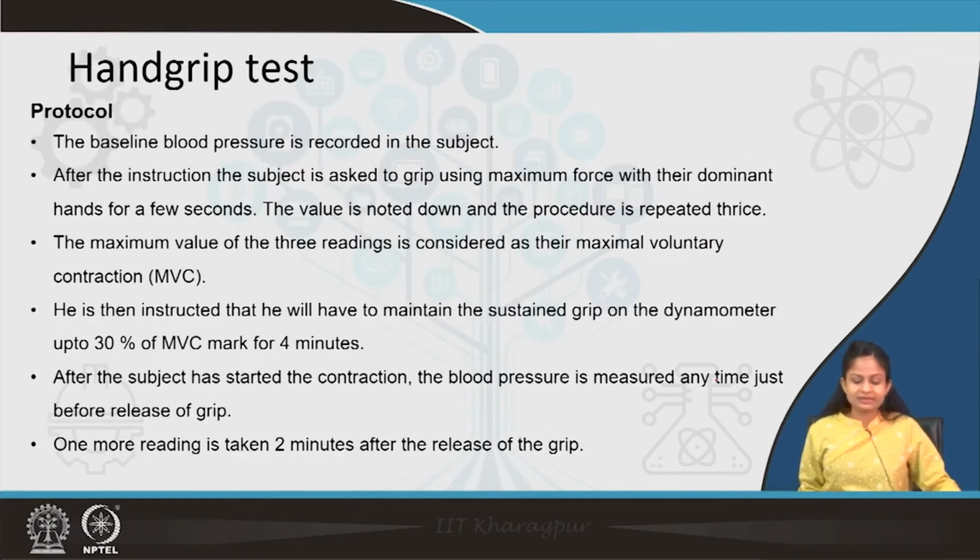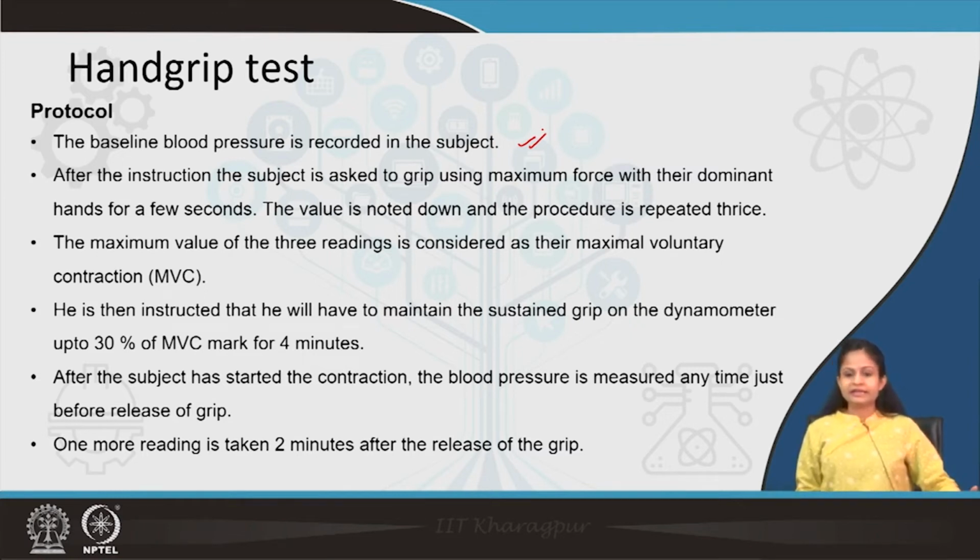Now, coming to the next test, that is the hand grip test. In the hand grip test, first we record the basal blood pressure, then we instruct the subject to give a maximum grip on the hand grip dynamometer.